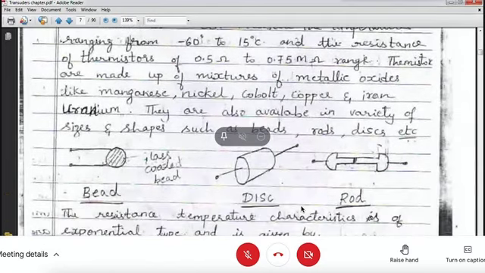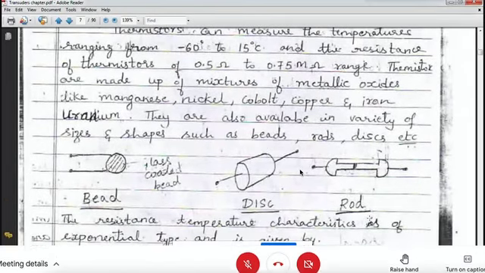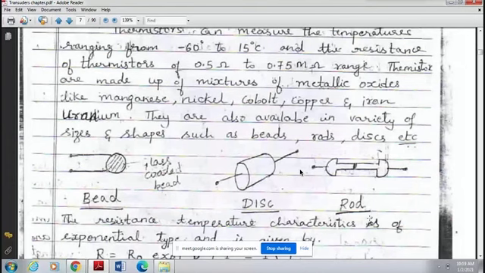So this is about thermistors. Thermistors can be used for measuring very small temperature changes, which cannot be detected by RTDs and thermocouples. They work on the principle of a negative temperature coefficient. They are ceramic-like semiconductor devices, and whenever there is a decrease in resistance, the temperature increases, inversely proportional.